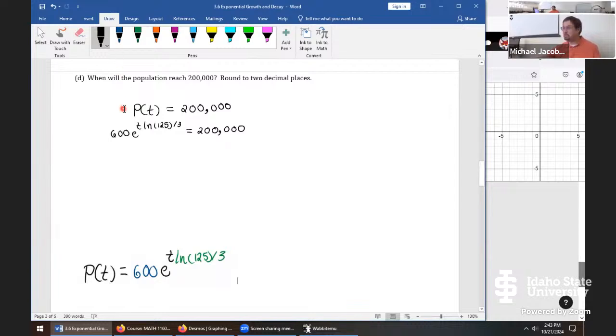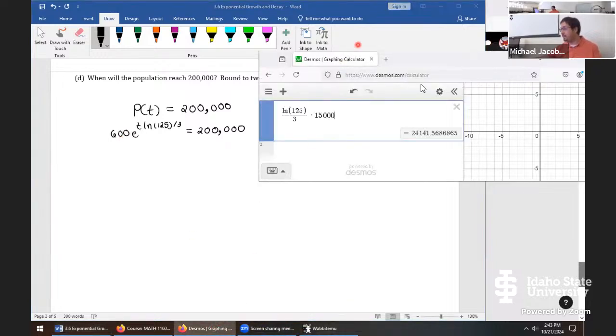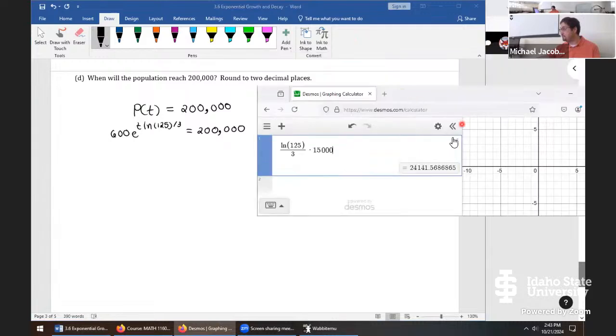Well, I guess that's the second step. Step 1 is put in the equation population set to 200,000. Step 2, just make a big substitution. In place of P(t), we put in the right-hand side, this stuff. And the last thing we're doing is actually pretty similar to what we did at the very start of this example too. We're solving for t this time is the only difference. To solve for t, we should divide out 600 on both sides. Let's see what that should come out as. So 200,000.